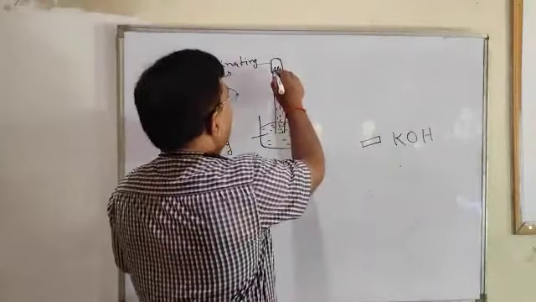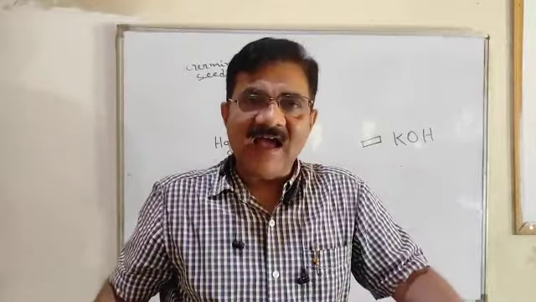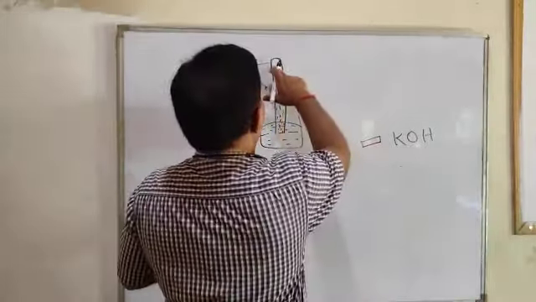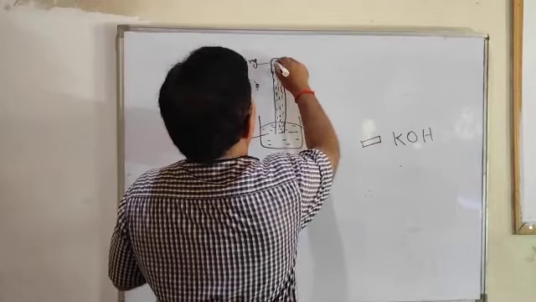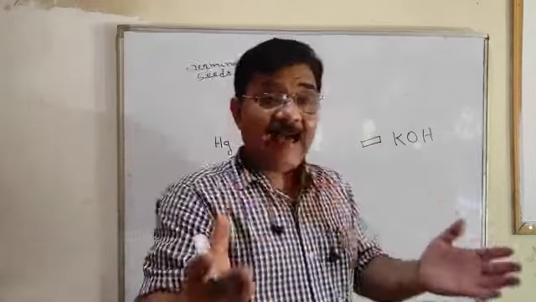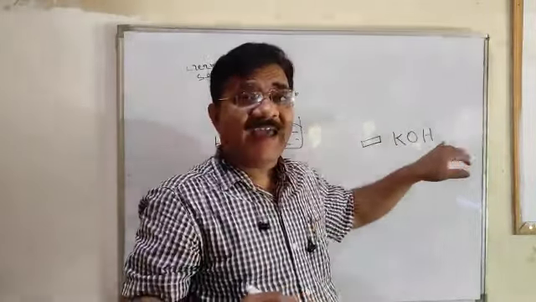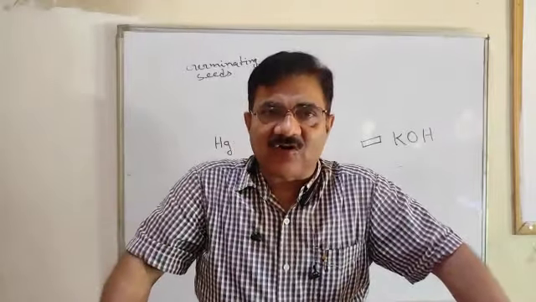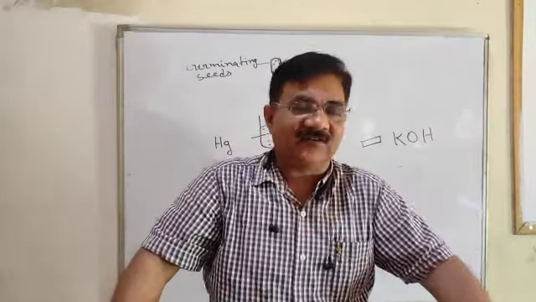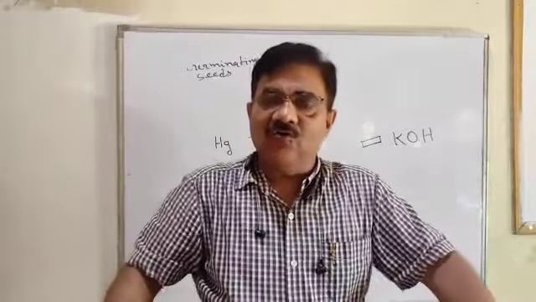It will go up and start floating on the surface, and after some time the level of the mercury will rise again. Now, why did it happen? Carbon dioxide was absorbed by potassium hydroxide, because potassium hydroxide absorbs carbon dioxide, and again the level of the mercury will rise, go up.